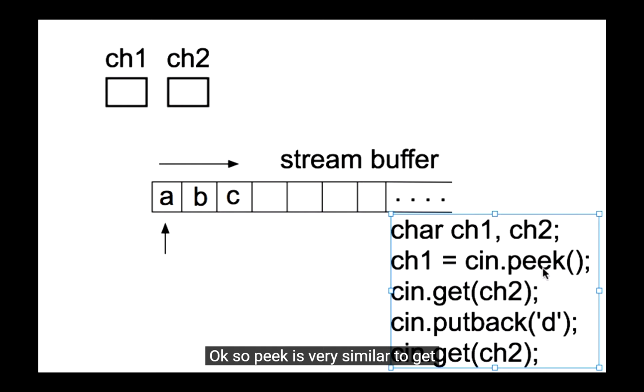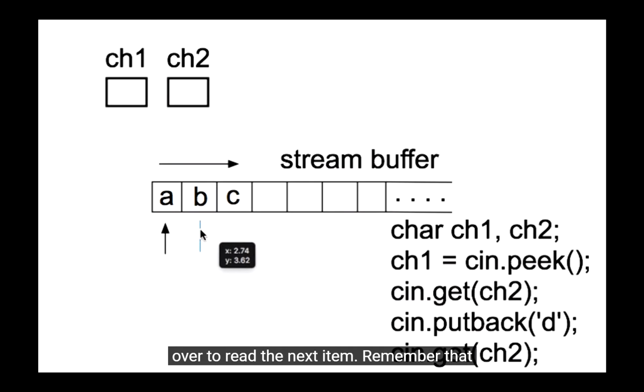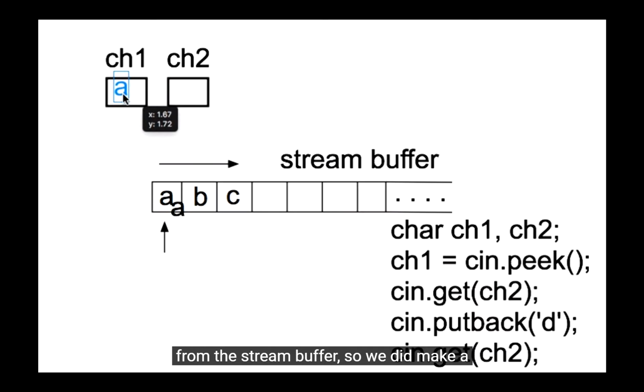Peek is very similar to get, except that it will not move the pointer over to read the next item. Remember that that's what we did with get. With peek, we still will read the character from the buffer into ch1, and so we'll grab the A, but this time it's not removed from the stream buffer.